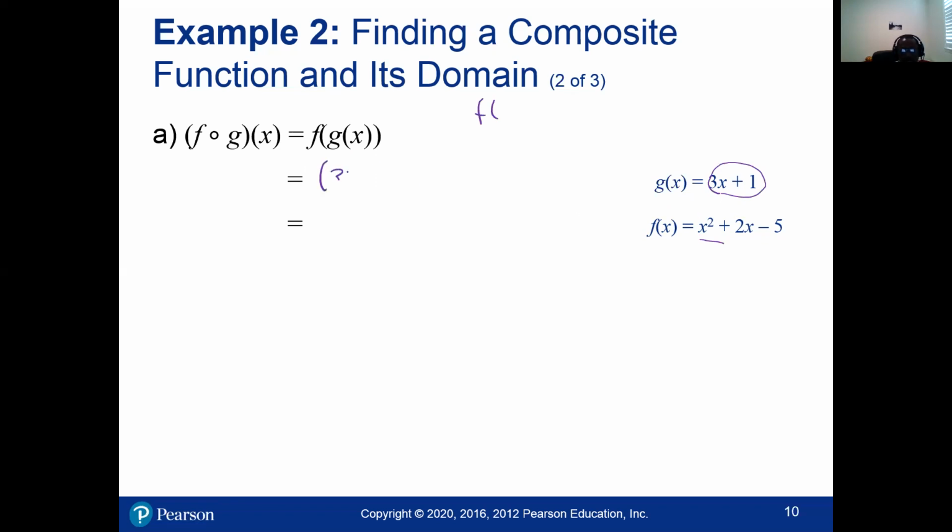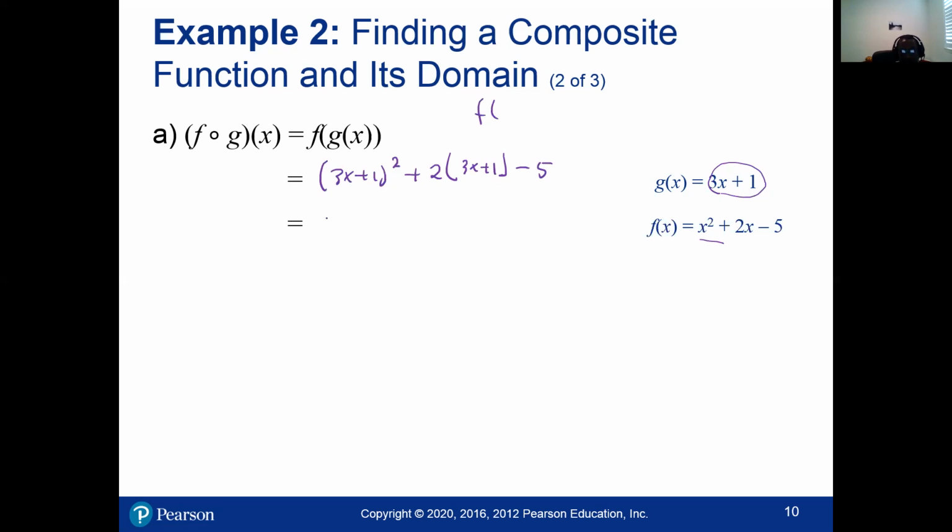that's 3x plus 1 all squared. That is the x squared of the f. Then plus 2 times x. So we plug in the g of x, which is 3x plus 1, and then minus 5.